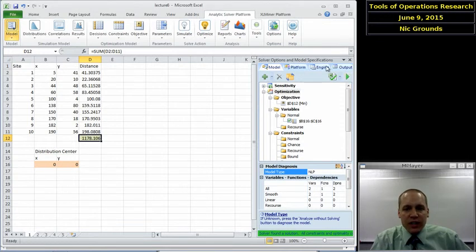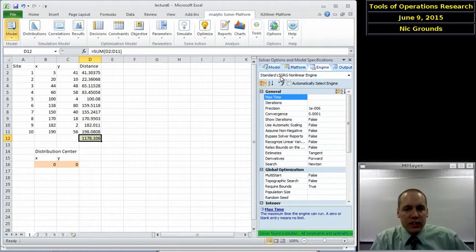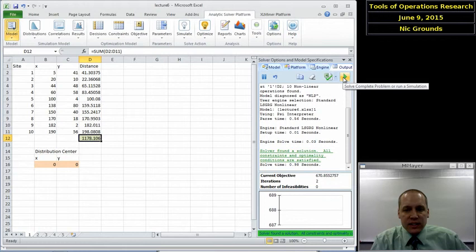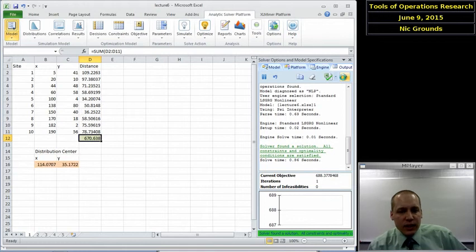If I run the solver, I will again show that I've selected the large-scale, generalized, reduced gradient, nonlinear engine. So the key is it's nonlinear. And if I run that solver, we'll get, in this case, a green message saying it found a solution, all constraints and optimality conditions are satisfied, which simply means for the nonlinear solver that it found a local optimum.